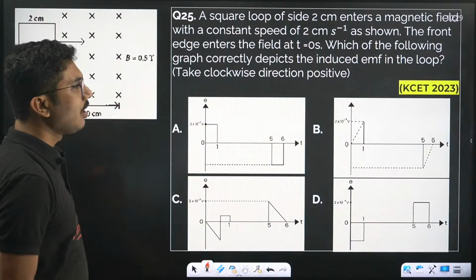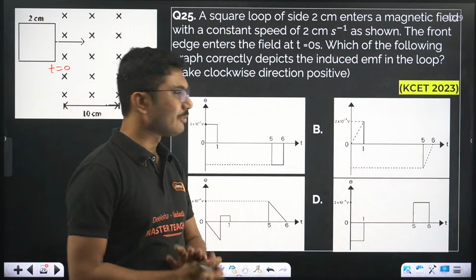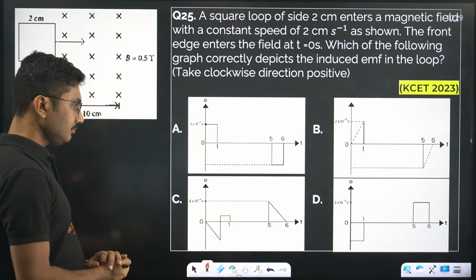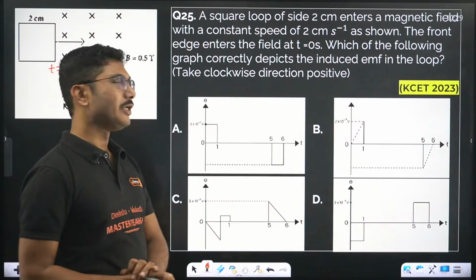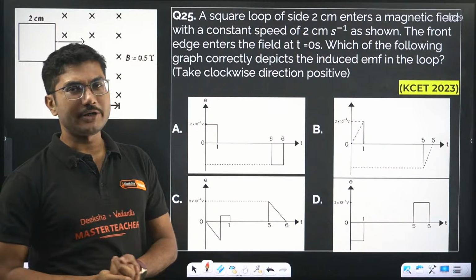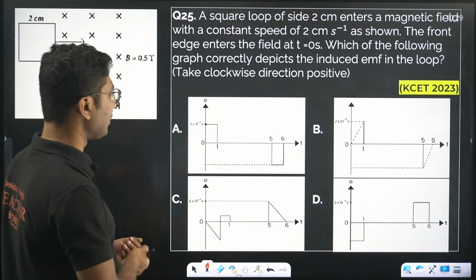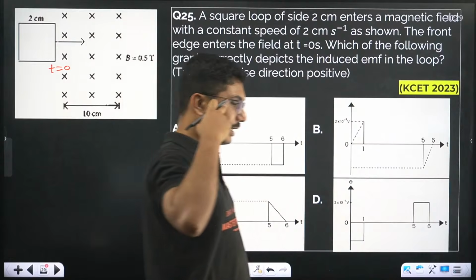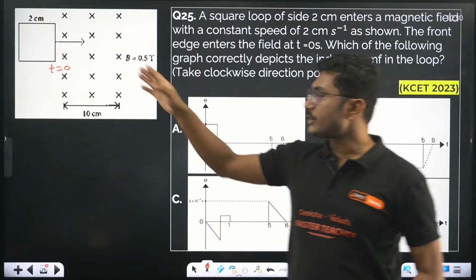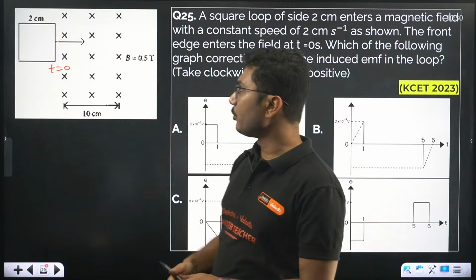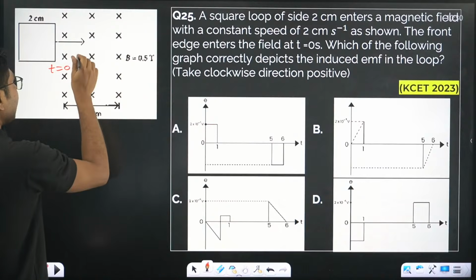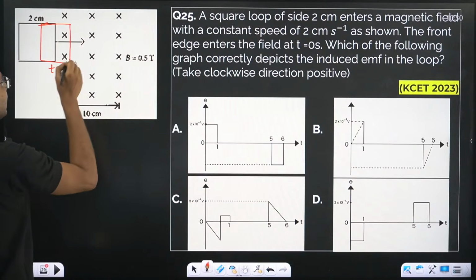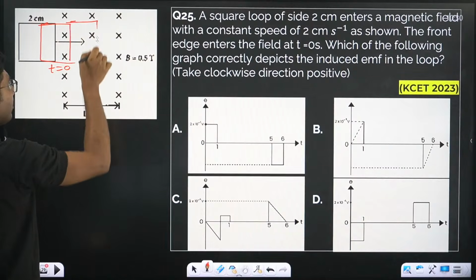So first of all, the only problem that is there, we have to find the direction of the induced EMF. If you can find the direction of the induced EMF, the problem is very simple. Obviously, when the loop is entering, the magnetic field starts getting into the loop, and because it's moving with a constant velocity, suppose initially after t equal to 1 second, only 1 is there, after t equal to 2 seconds, 2 is there.